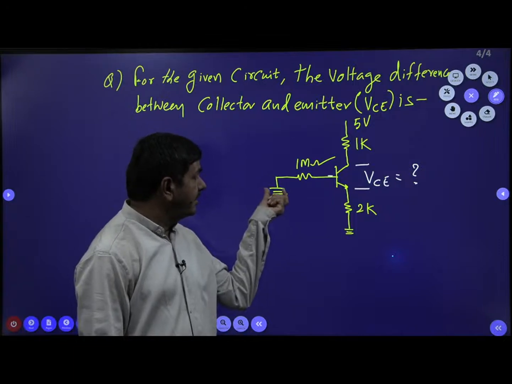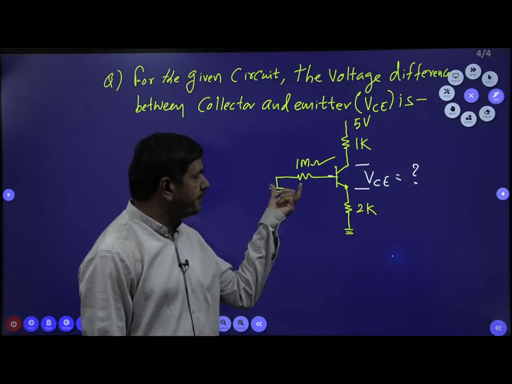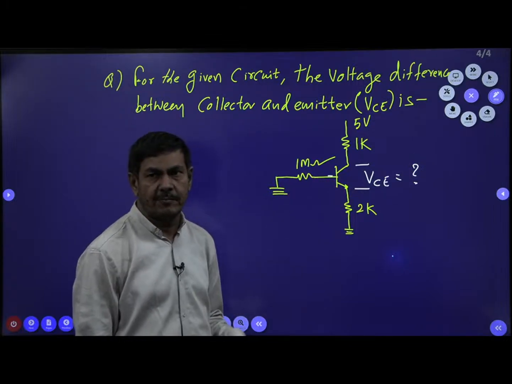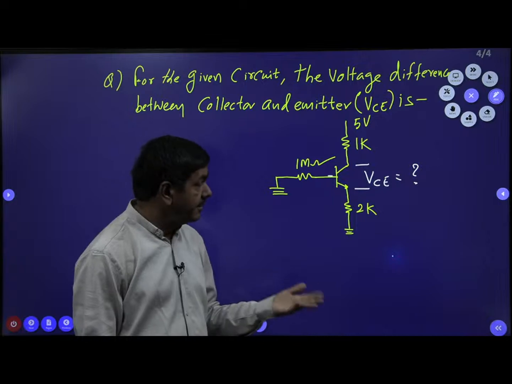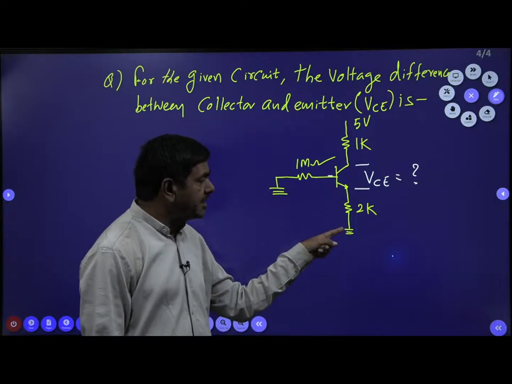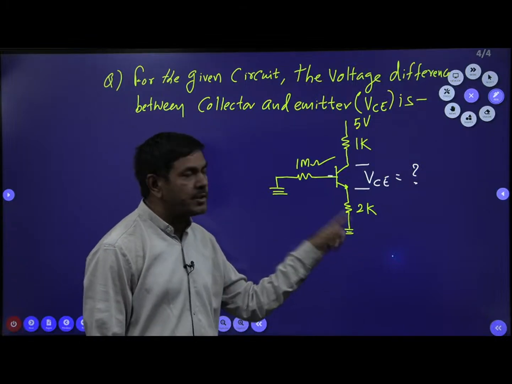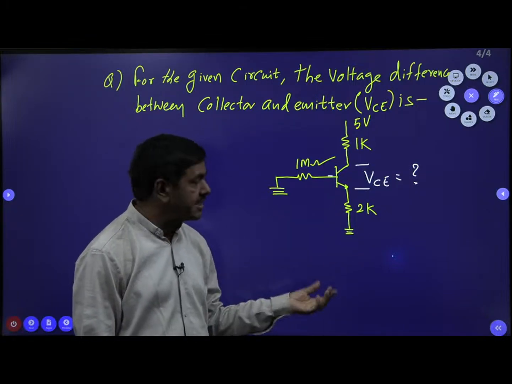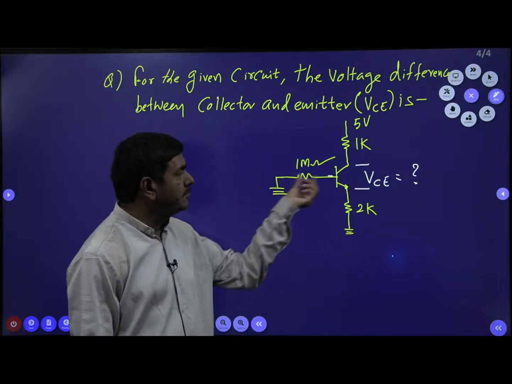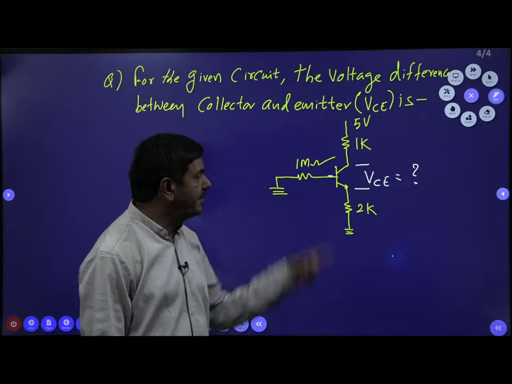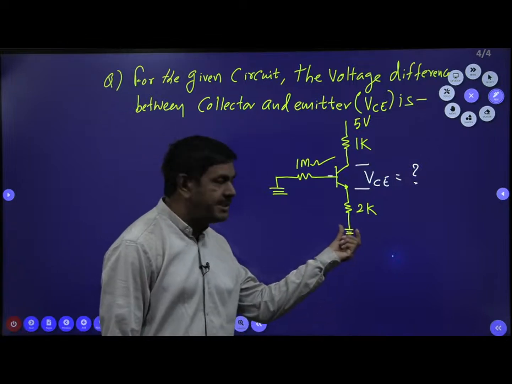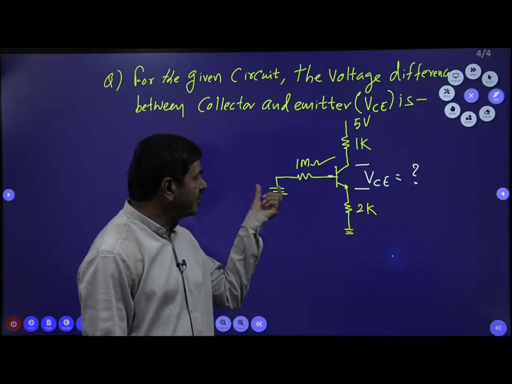Suppose a voltage source is given at the emitter, that voltage source would help provide biasing between the base and the emitter. But we don't have a source at the emitter, and we don't have a source at the base.